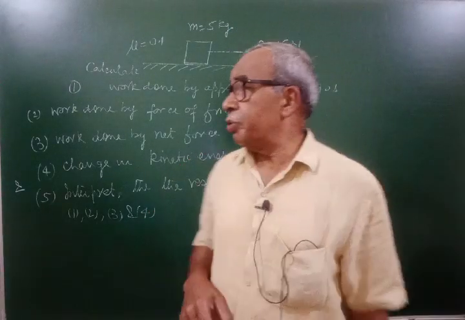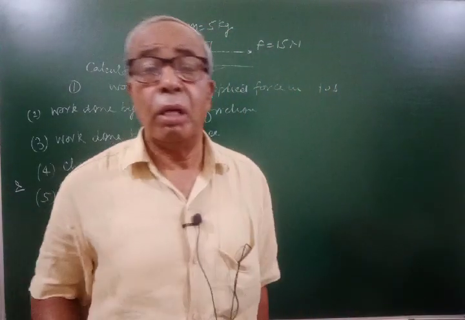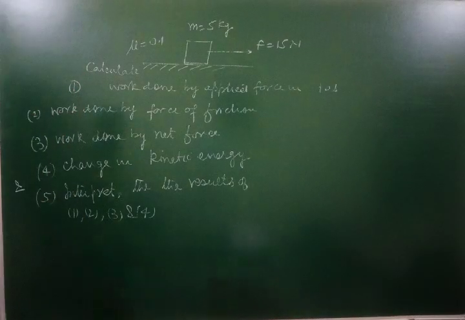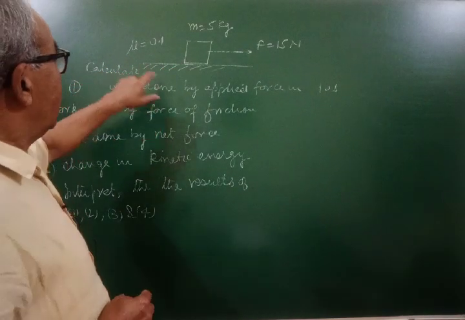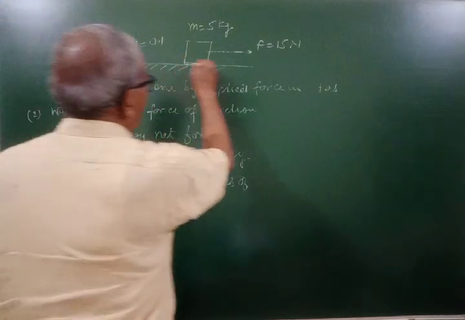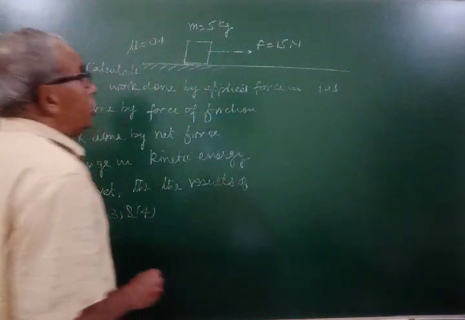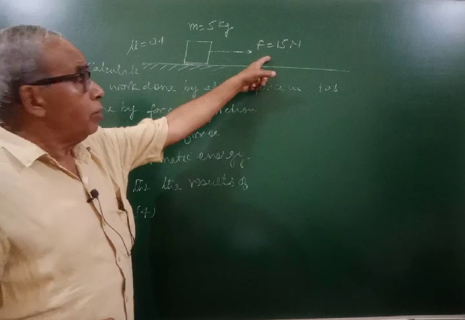Yes, dear student, now there is a very important and good question to understand the concept of work. Here is a block of mass 5 kg resting on a horizontal floor. It is acted upon by an applied force of 15 Newton.